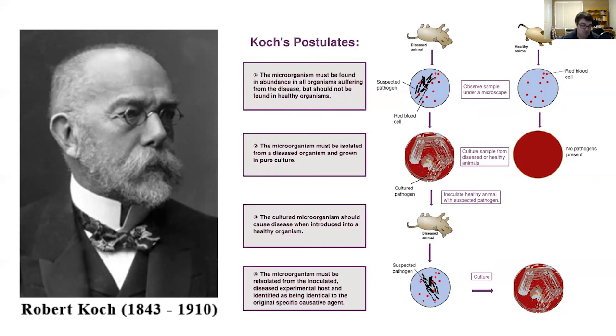If that happens, you've got a strong link showing that your isolated and cultured microorganism is the culprit for your disease, your pathogen. But you're not done just there. You need to isolate the pathogen again from the infected host, from the second run of hosts, to identify it as a potential pathogen.